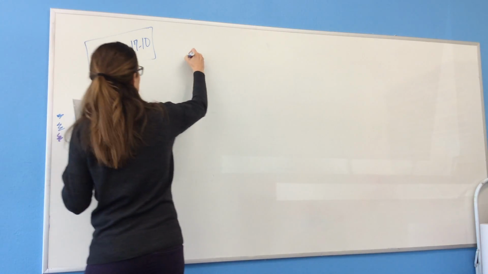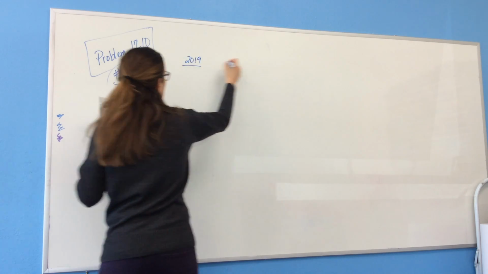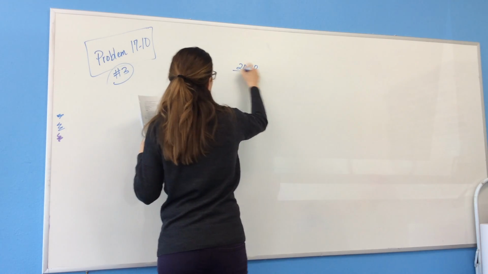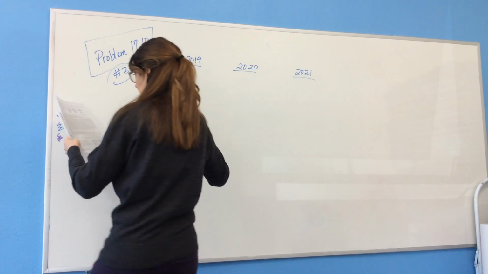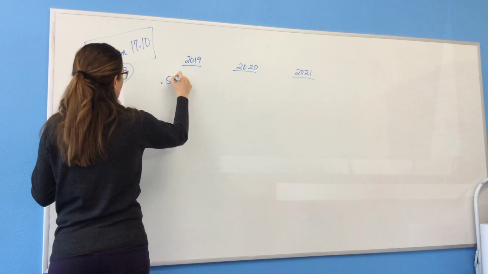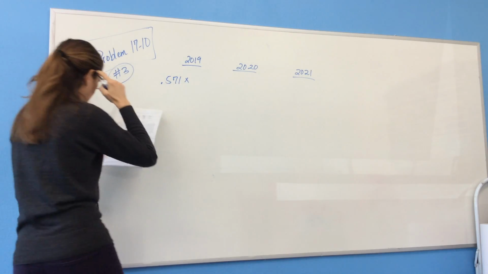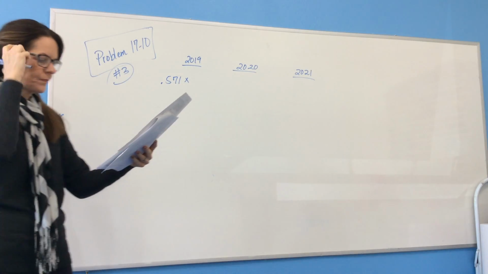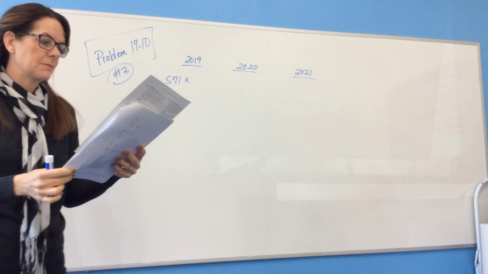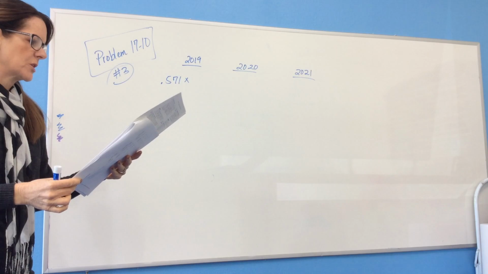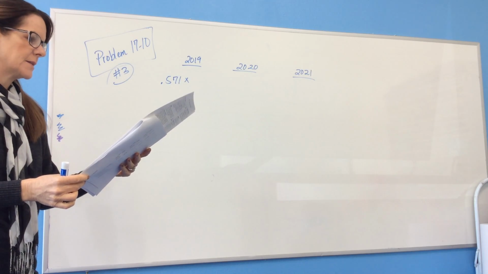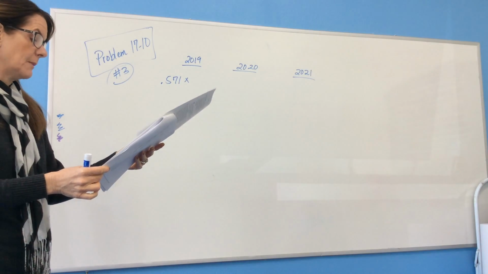For 2019, 2020, and 2021, I'm going to take that 57%, so that 0.571, multiply that by the 6 million. That's going to be the collections, I believe, the collections to date. Oh, no, I'm sorry. That's going to be my gross profit.